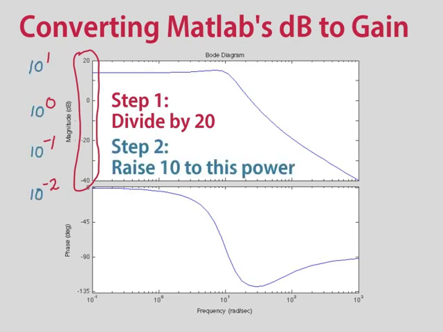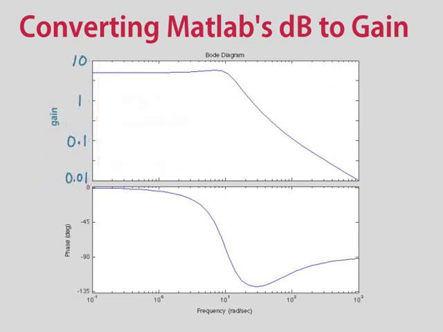The next step is to raise 10 to each of these powers. So we have 10 to the 1, 10 to the 0, 10 to the minus 1, and 10 to the minus 2. These numbers are then the corresponding gains. So 10 to the 1 becomes 10, 10 to the 0 becomes 1, 10 to the minus 1 becomes 0.1, and so on. Now you've converted dB to gain.